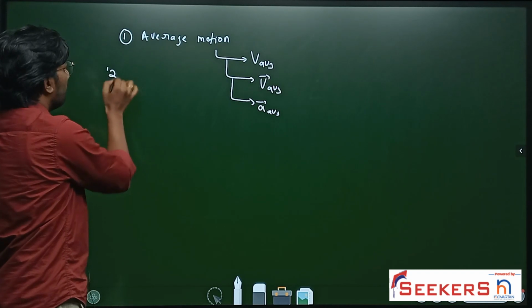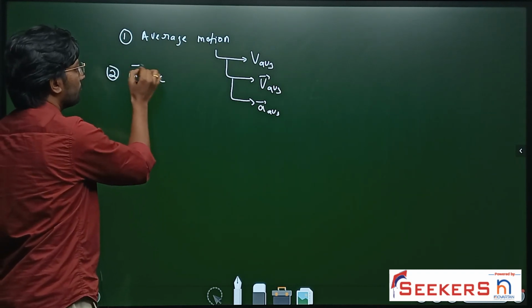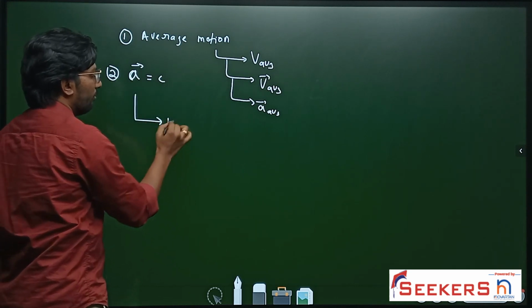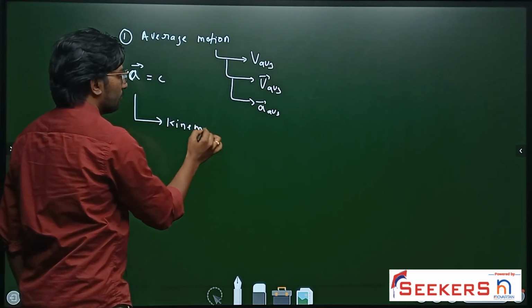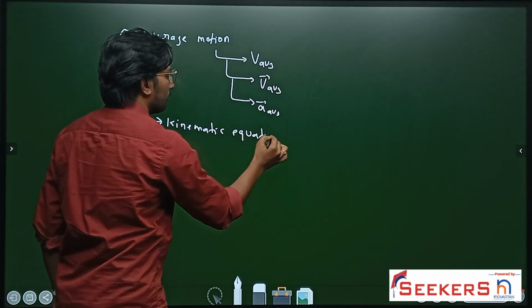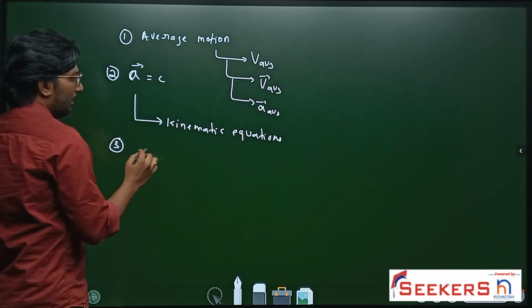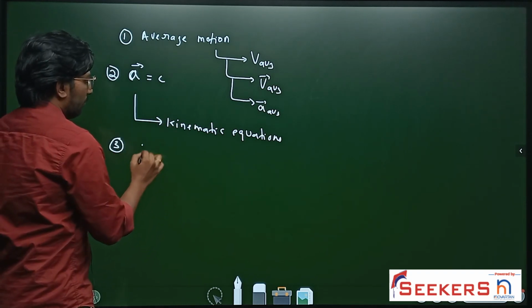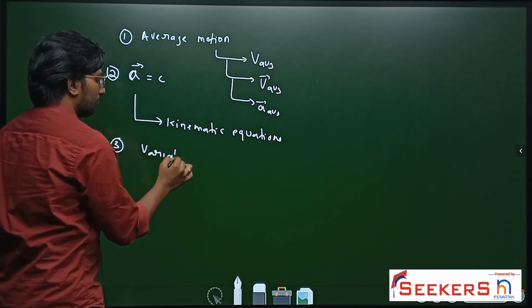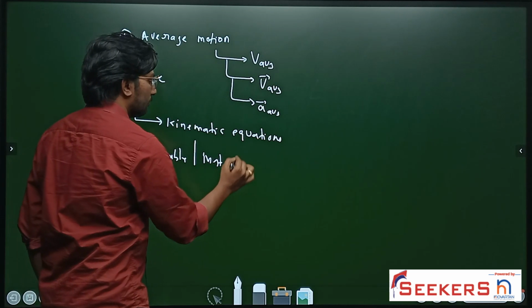And then you'll be having constant accelerated motion, under which we will be having kinematic equations, and then you have variable accelerated motion, otherwise also called as instantaneous.